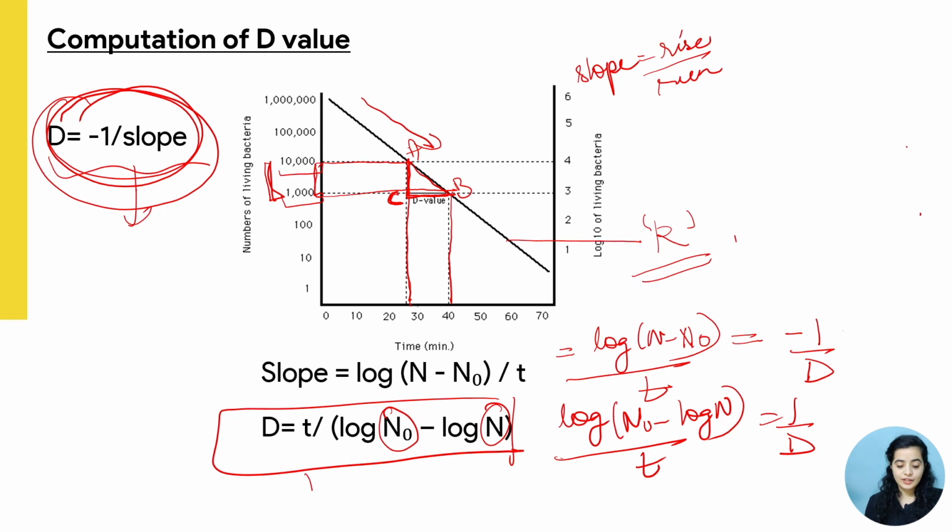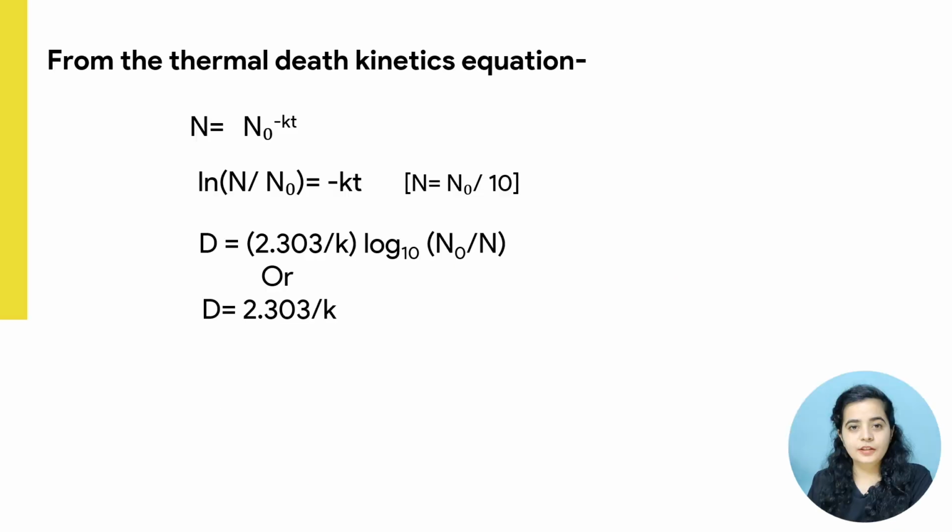One more thing to note is that since we derived that D is the negative inverse of slope, we can also say that D is inversely proportional to K, or the inactivation constant, since K is given by the slope of the curve. Now let us see the relation between K and D by the mathematical equation we got in thermal death kinetics, that is N is equal to N naught e raised to power minus KT. Also, this can be written as ln N upon N naught is equal to minus KT.